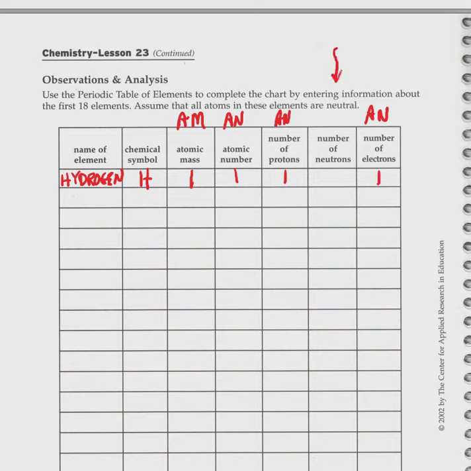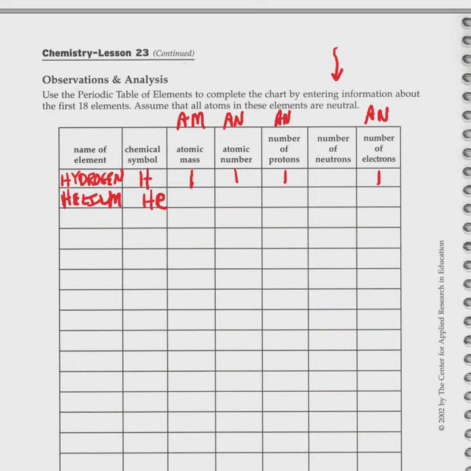Honestly, leave the number of neutrons for last. Why? Because let's do helium. Helium's another easy one. The chemical symbol for helium would be a capital H, lowercase e.